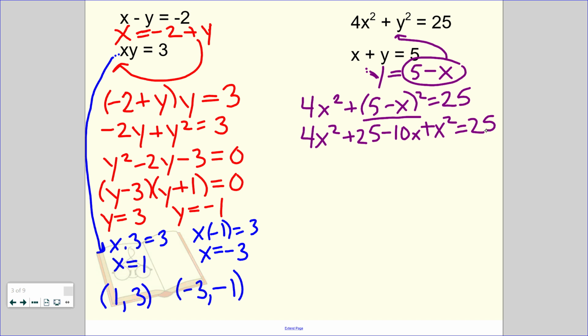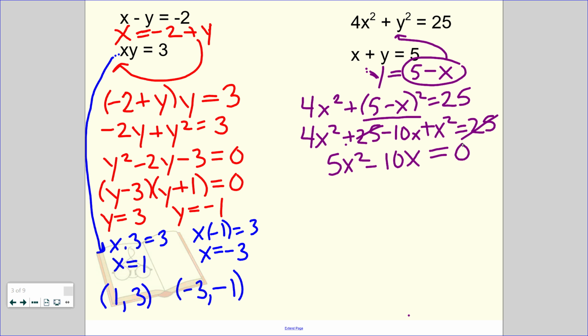On the other side, I still have that 25. Add together my like terms. I have 4x squared and x squared, which give me 5x squared. I have a -10x. And then here, I actually have a 25 on both sides. So they're going to cancel when I get this equation equal to 0.